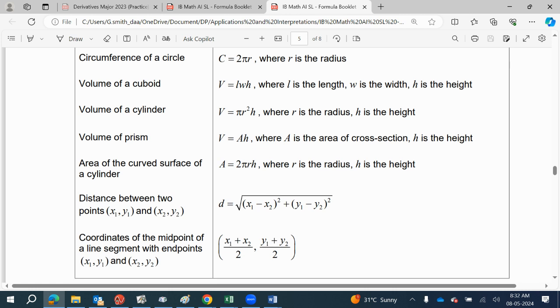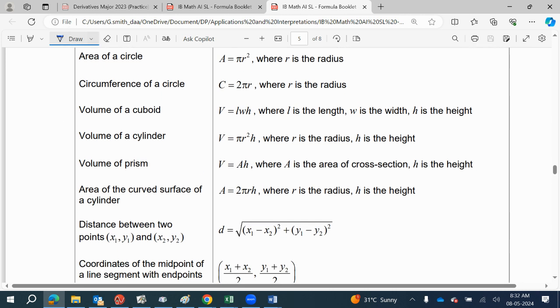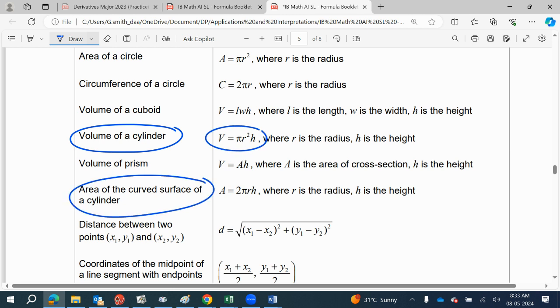Volume of a cylinder here. Area of the curved surface area of this bit. So we are going to need 2 or 3 formulas. We're going to need volume of a cylinder, this one. We're going to need area of the curved surface area of the cylinder.